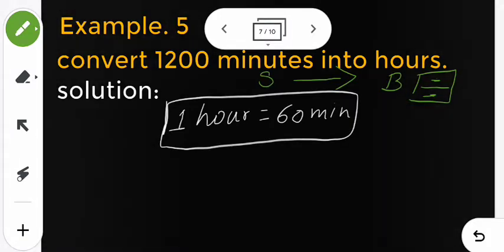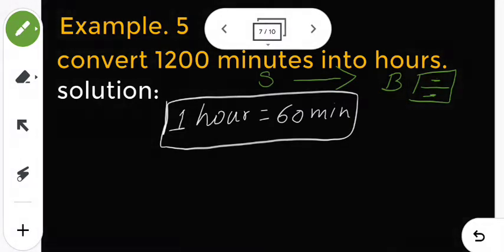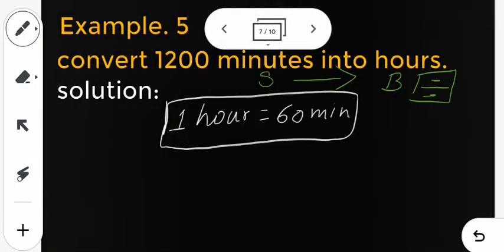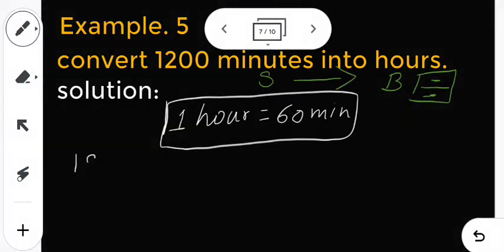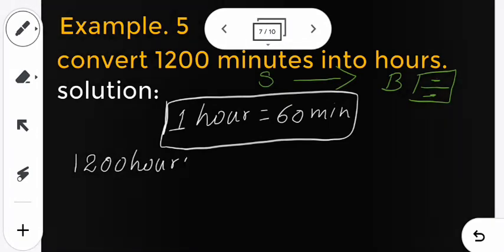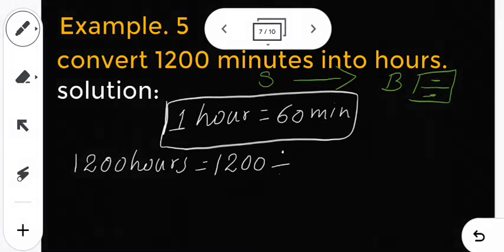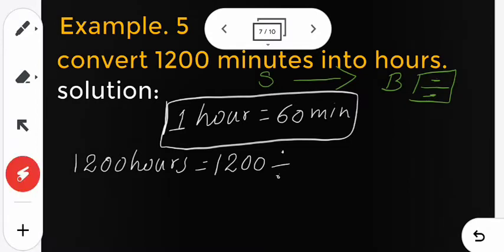So when you divide, you have to be careful. So 1200 minutes equal to 1200 divide. You have to divide. So write divide here, and you will remove this minutes and you will write divide 60 minutes.